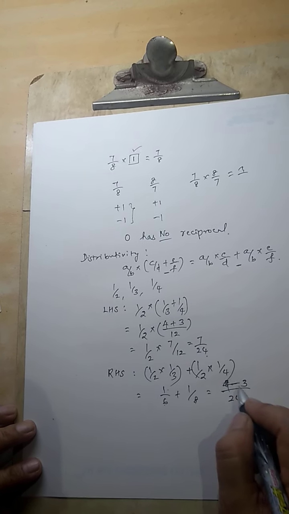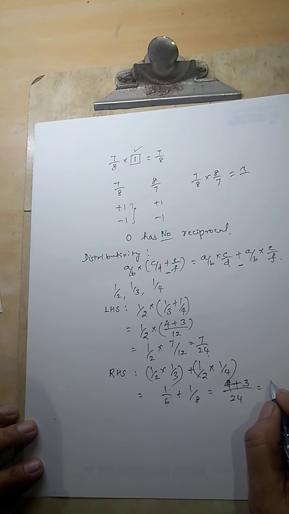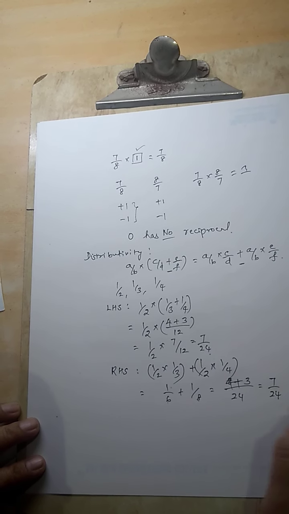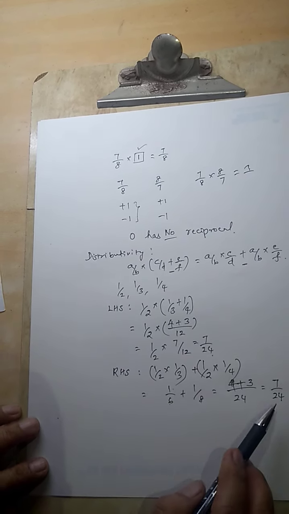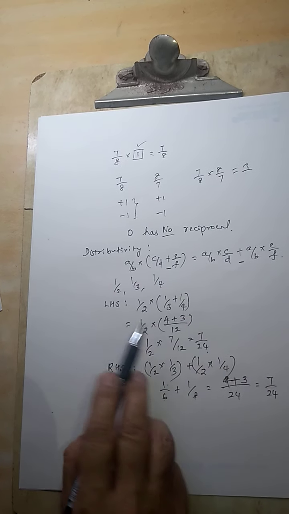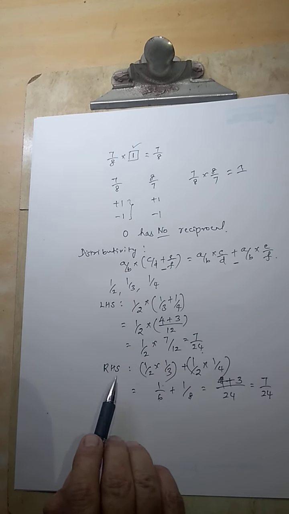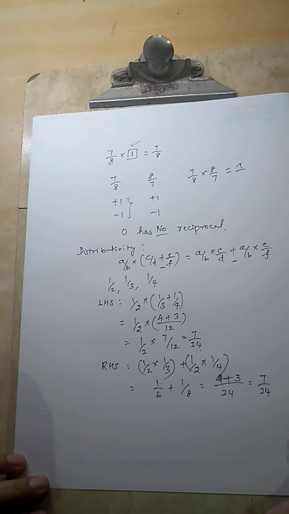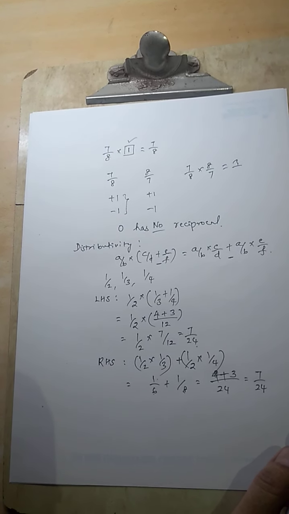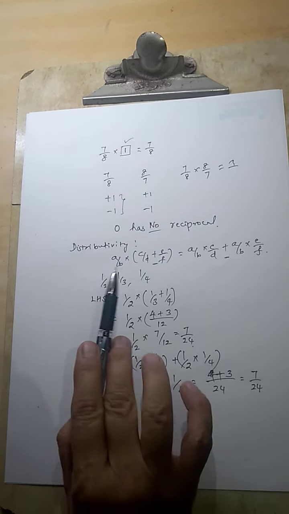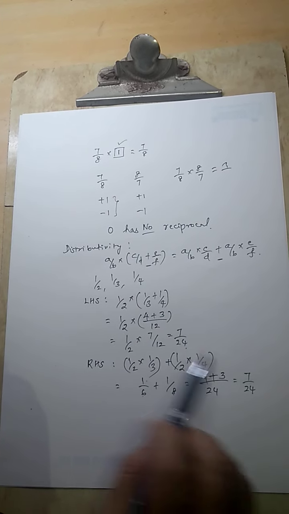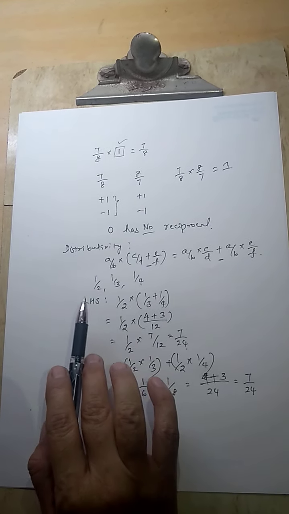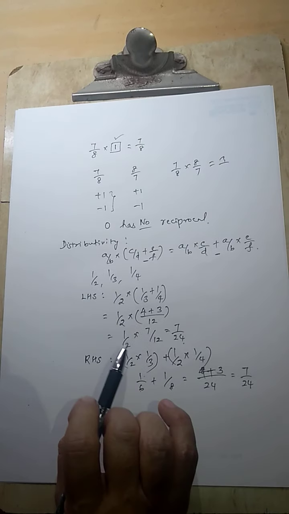As it is addition, it is plus, so it becomes 7 by 24. See, my LHS is 7 by 24, and my RHS is 7 by 24. Both are one and the same. So we say that the distributive property of multiplication over addition is proved by using these three rational numbers: 1 by 2, 1 by 3 and 1 by 4.